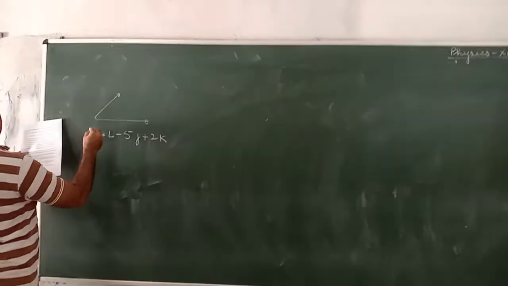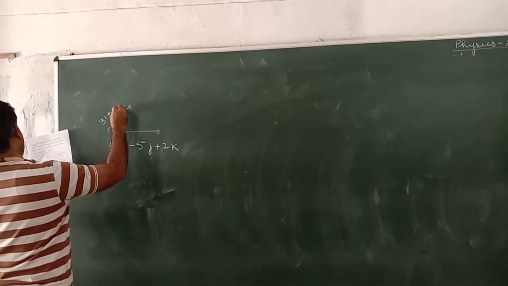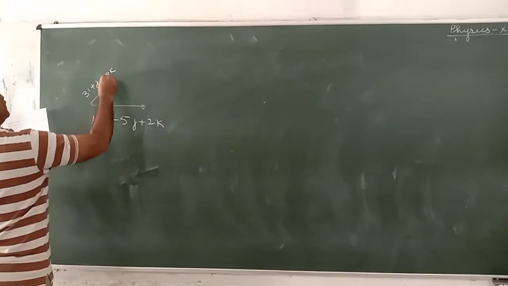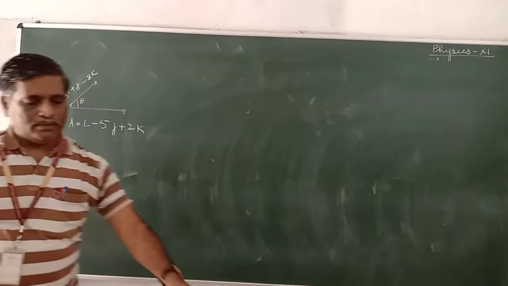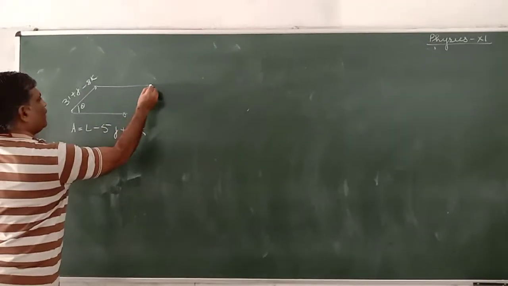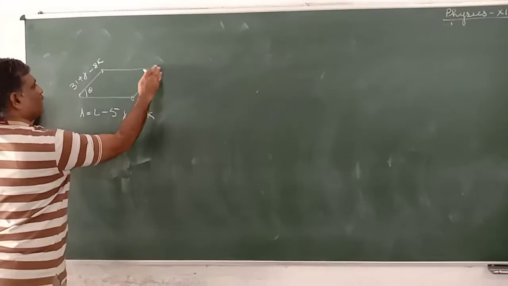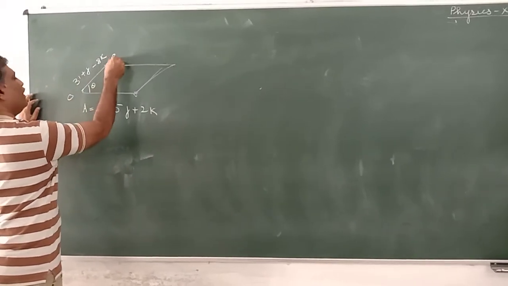B is given as 3i plus j minus 8k. This angle is theta. These are two adjacent sides of the parallelogram. When I make it a complete parallelogram, it becomes a parallelogram OBAC.